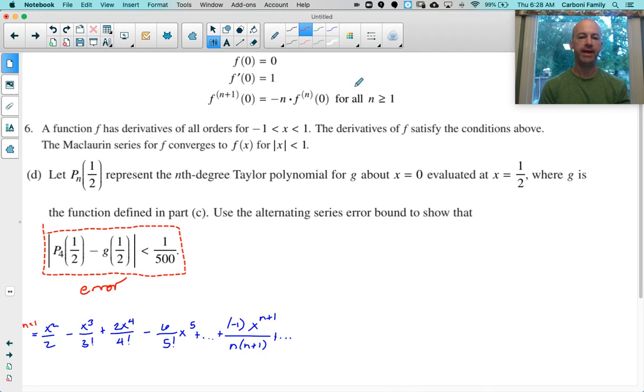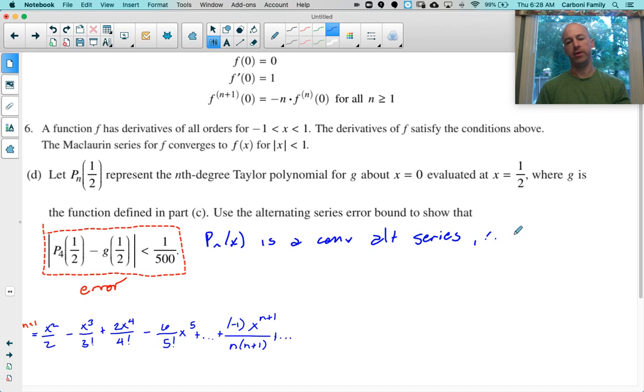And in a convergent alternating series, your error is always less than your very first omitted term. And so I'm going to say Pn of x, which they define as the nth degree Taylor polynomial, that's the answer to part C, Pn of x is a convergent alternating series.